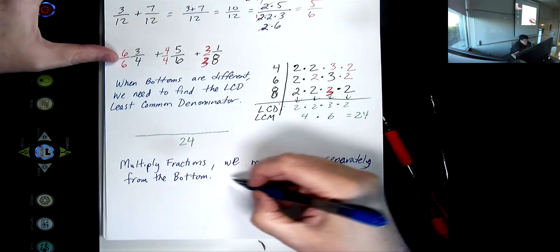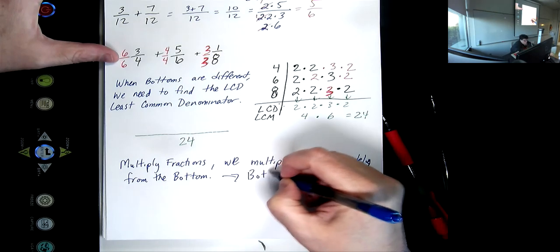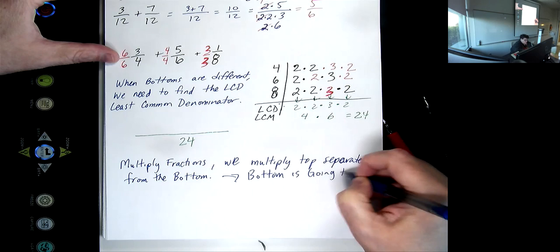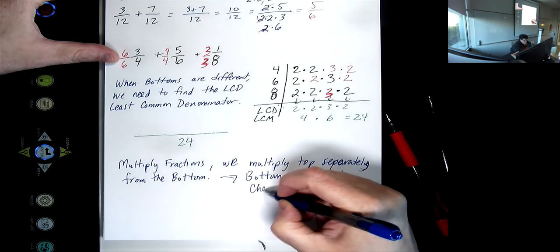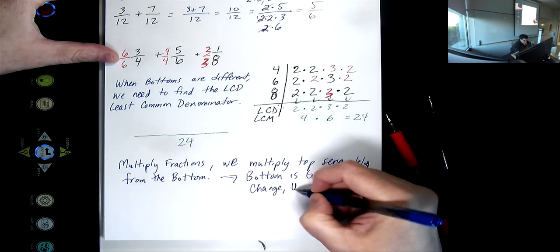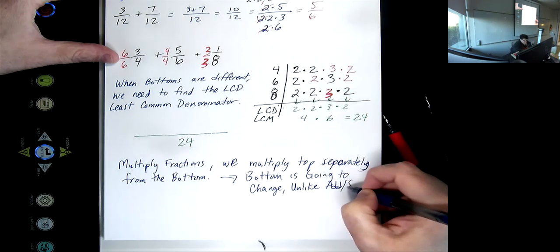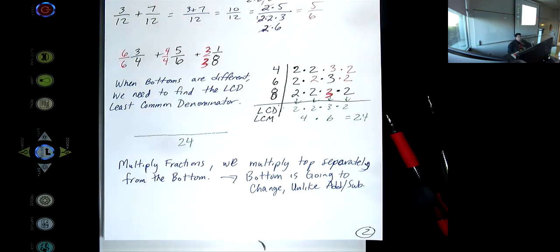So the bottom is going to change, unlike addition and subtraction. Students will often mix these up. They'll add denominators or they won't multiply denominators when they're multiplying.